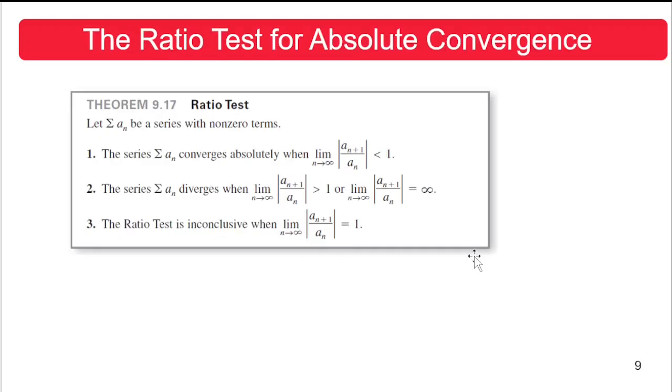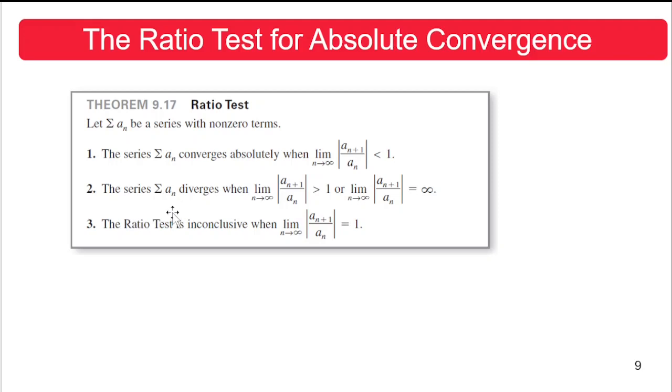Our next test is the ratio test for absolute convergence. According to this theorem, let summation of a sub n be a series with non-zero terms. Number one, the series summation of a sub n converges absolutely when the limit of the absolute value of the quotient a sub n plus 1 over a sub n as n approaches infinity is less than 1.